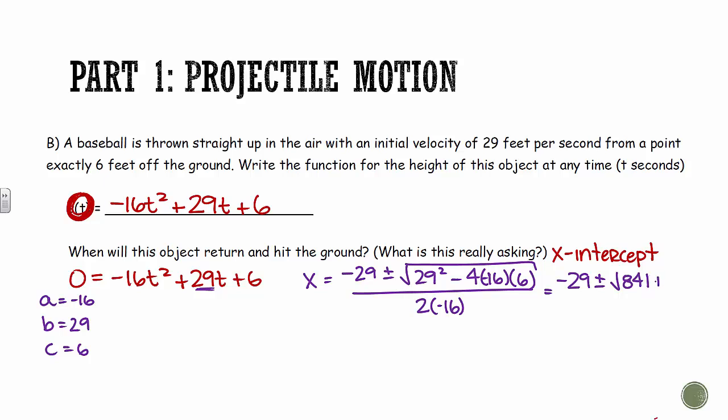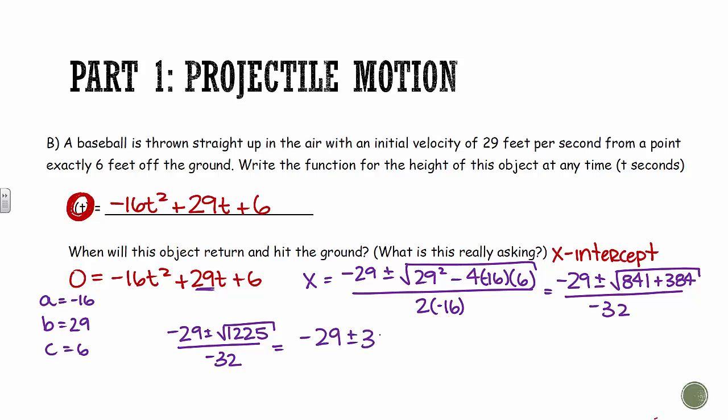And since there's 2 negatives in there, we're going to add these together, all divided by negative 32. So if we add what's inside our square root, we end up with 1,225 all over negative 32. And since we're graphing this, it doesn't really matter if it's a perfect square or not, but in this case it happens to be 35.